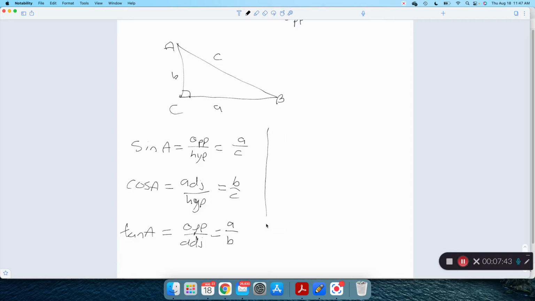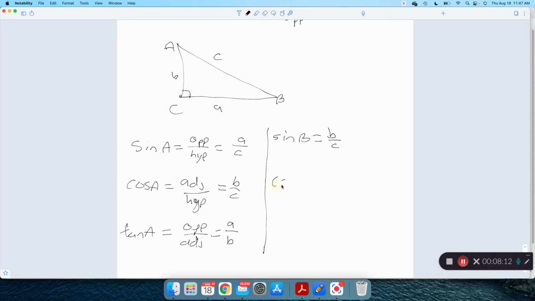Okay, what if I use the other angle instead? What if I wanted sine of angle B? So now this is the angle that I'm talking about. When I say opposite, I mean opposite from whatever angle I'm talking about at that moment. So opposite from angle B will be side little b over the hypotenuse.